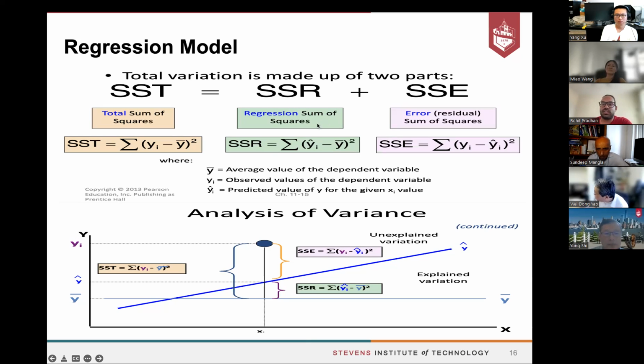The regression sum of squares is the summation of the squared differences between the predicted values and the mean of the dependent variable. The residual sum of squares is the observed values yi, subtracted by the predicted values yi hat, and taking the sum of squares over it.